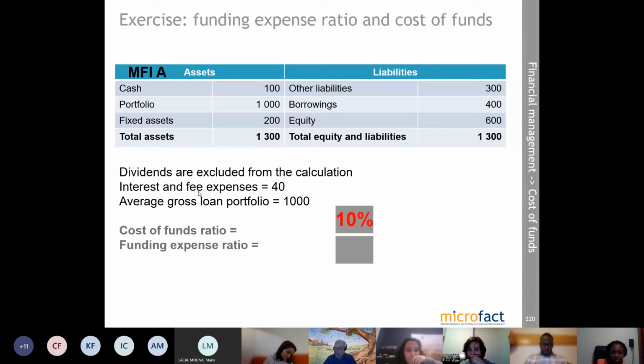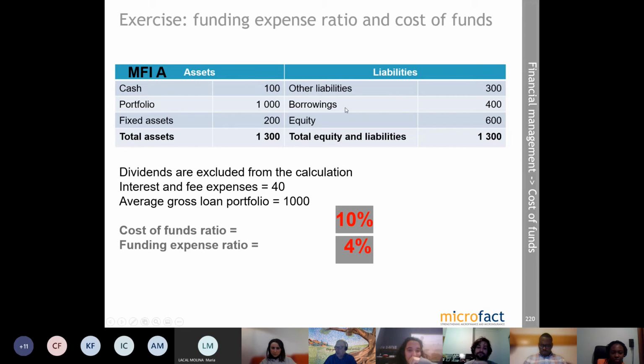You are paying fees and interest of 40 on 400 borrowings, so that's 10%. And your funding expense ratio is indeed the same numerator, but now compared to your portfolio, so it's 4%. So you don't include your equity in this case. It's just on the external borrowings, which can also include your savings, for example.